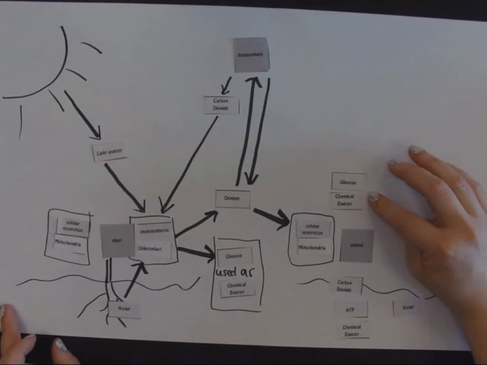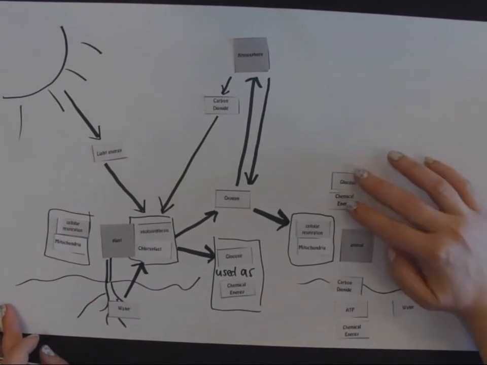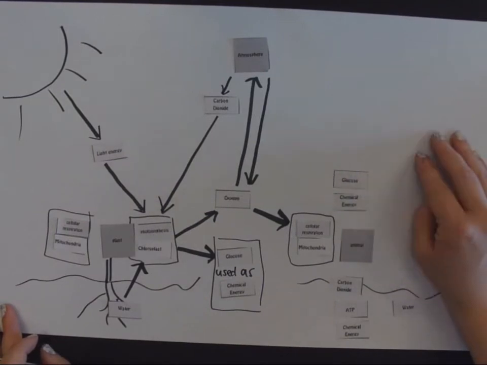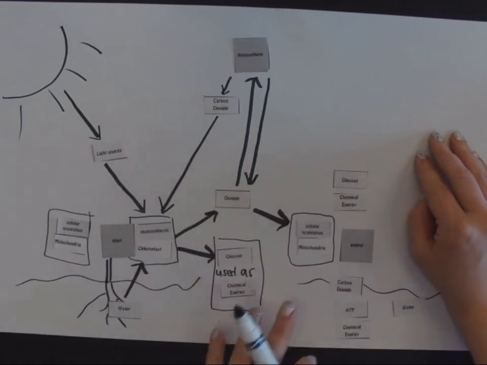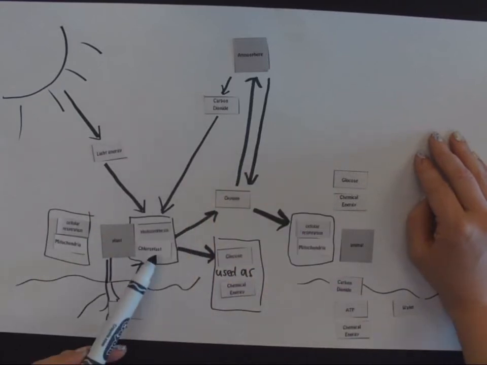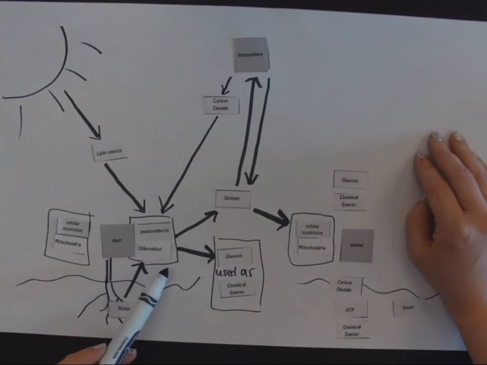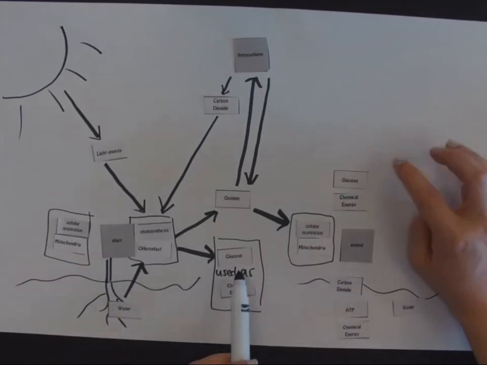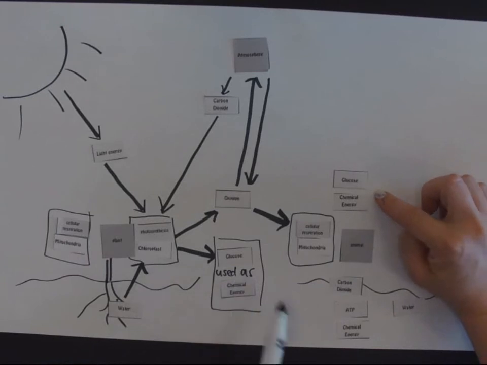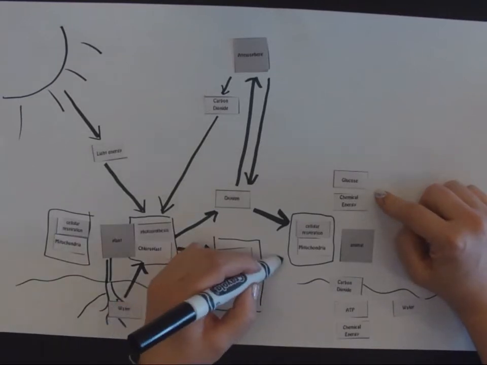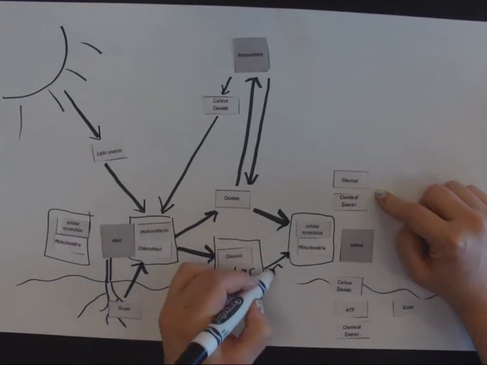My other input is glucose, which we use as chemical energy. But I look at my poster already, and I already noticed that I have glucose that was made from photosynthesis. So how does my animal get the glucose that it needs as an input? It's going to eat it.